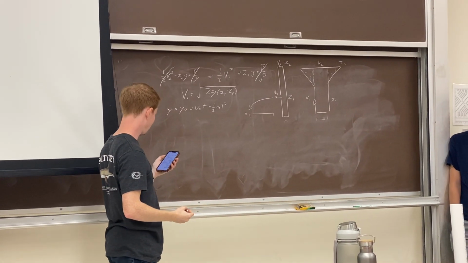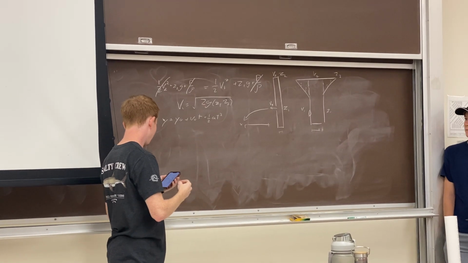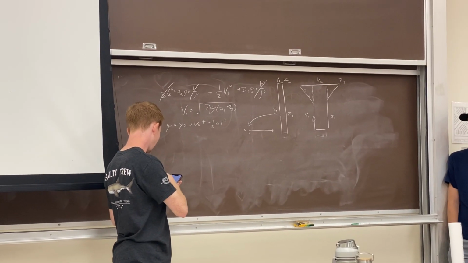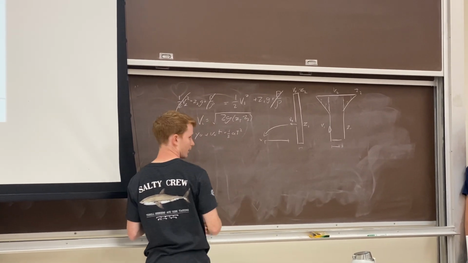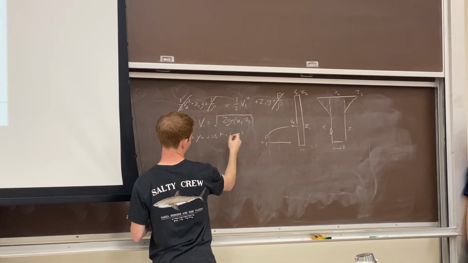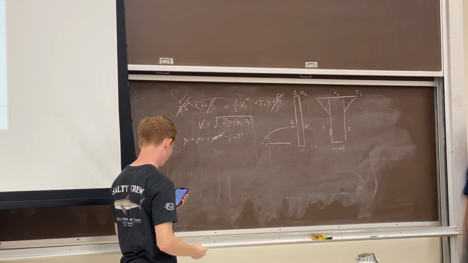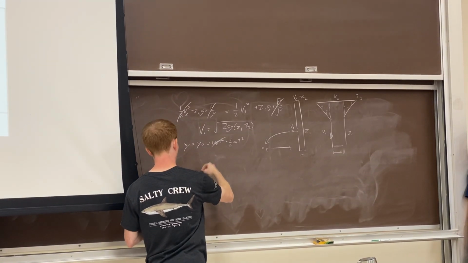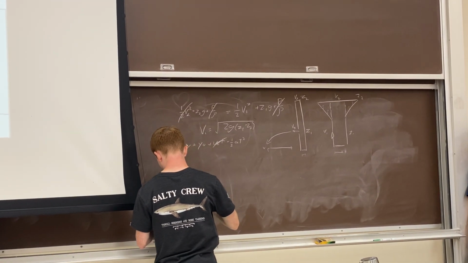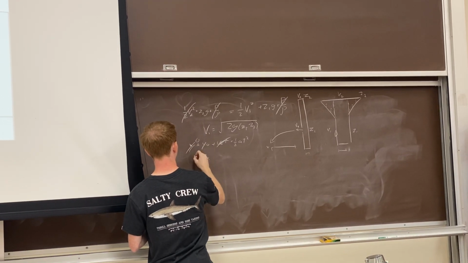Let's see. Getting mixed up. Oh yeah. We'll start with the y velocity, of course. The y velocity is going to be 0 because it's just coming out horizontally. Y naught will be z2, y will be 0.